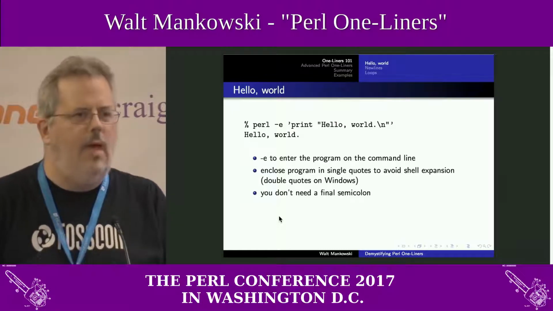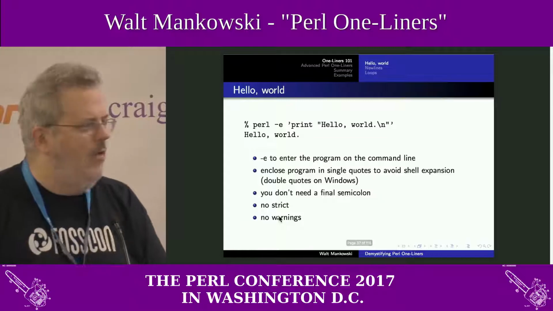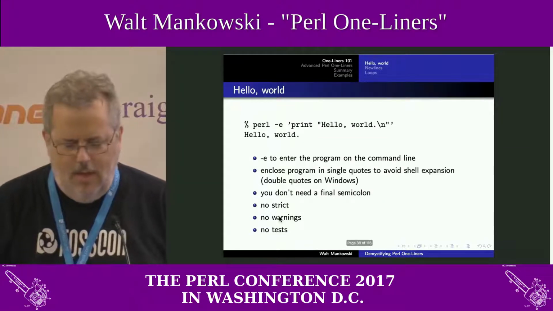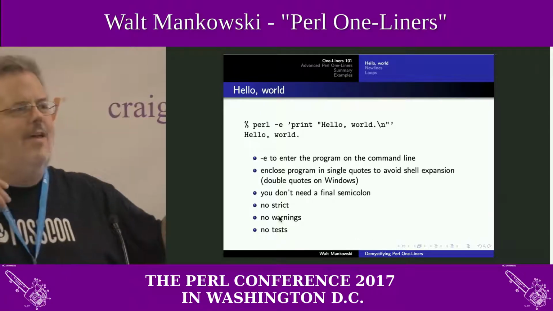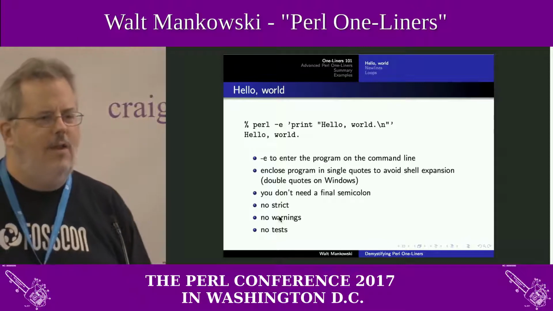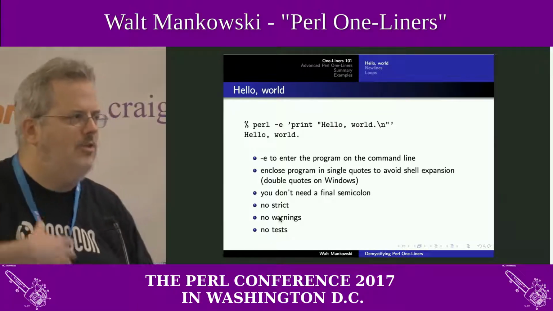Some other things: you don't need a final semicolon because it's a single statement in this case. Sometimes you will, sometimes you won't. And I'm not using strict or warnings because you can see what's going on there, and there's no test. For this it's simple enough, but I'll have some more complicated examples. Of course, if you're using a one-liner as part of a bigger workflow going into production, you want to test it.